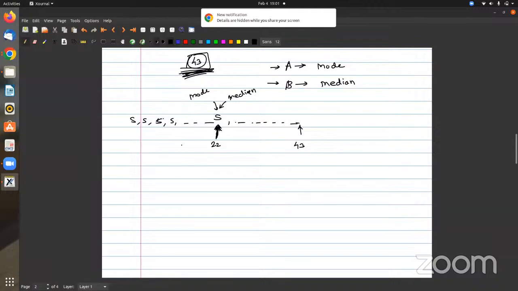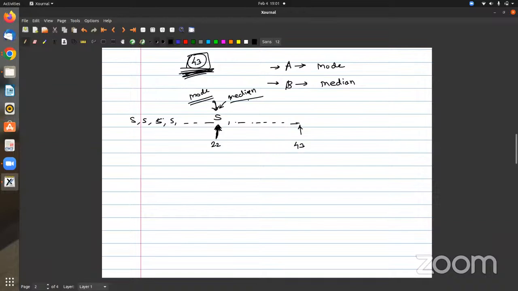Suppose S is my median size jersey, then it can also be the mode. When it is median, B will go for size S. And if it is mode, then A will also go for S. So if I add these two S here, what will my data set look like?